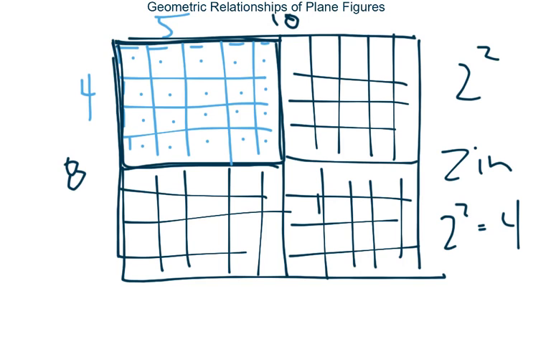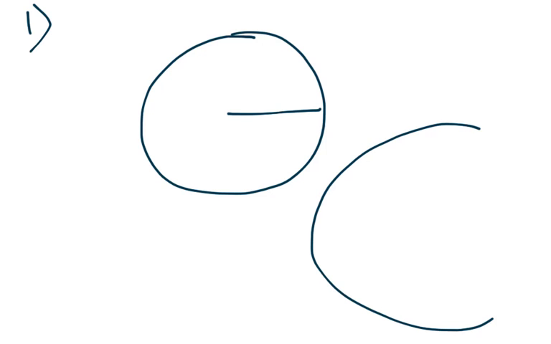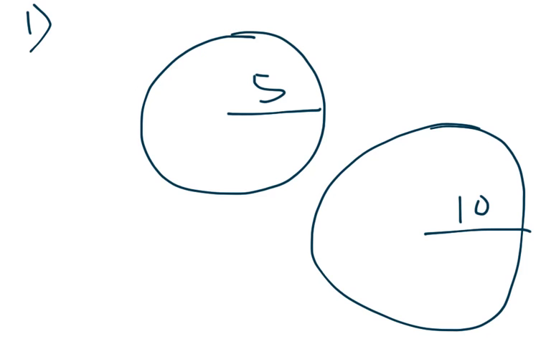So let's look at number 1. Ken draws a circle with a radius of 5 centimeters. He then draws a circle with a radius of 10 centimeters, so a circle that's twice as big because 5 times 2 is 10. How many times larger is the area of the second circle?